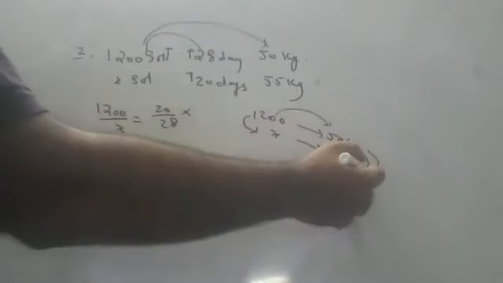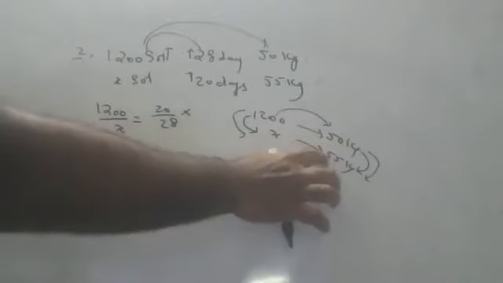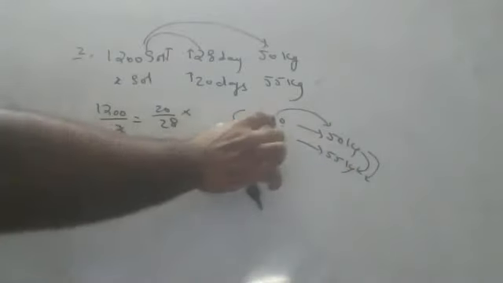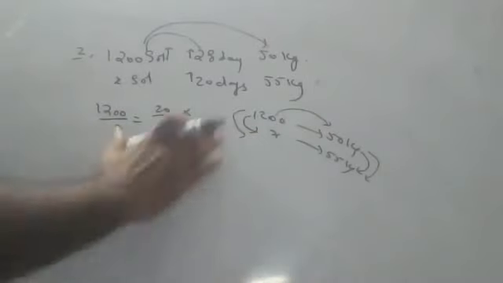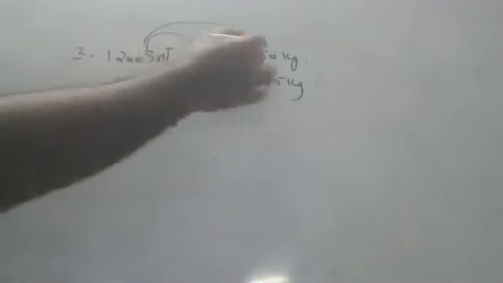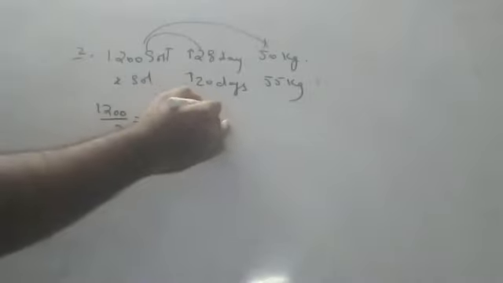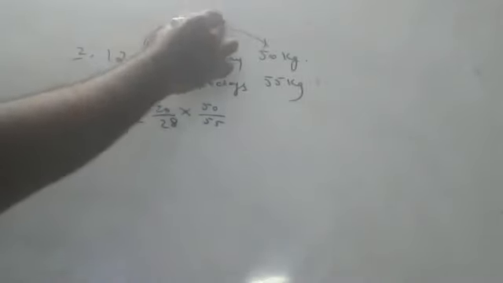If the kg consumption is increasing, then the number of soldiers who can be fed also increases. If 55 kgs are there, it will come for more soldiers. After 3, 4 sums, you will understand. If you have any doubt, later I will clear it. So these both are directly proportional, so I will put 50 by 55. These both are inverse, these both are direct.